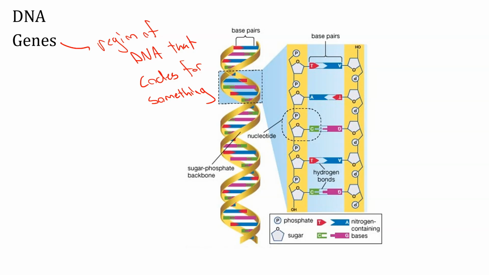So if there's some area, like let's say the area between here and here, where there's a certain sequence of bases that codes for a particular protein, then that would be the protein's gene. Now, not all regions of DNA build stuff. Some regions of DNA are kind of considered spacers, or they serve alternative functions. So not every last base on a strand of DNA is part of a gene, but the regions that do code for things are called genes.